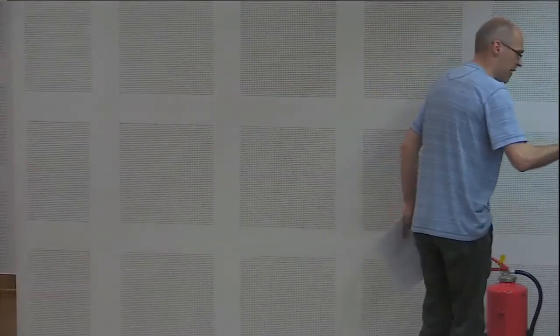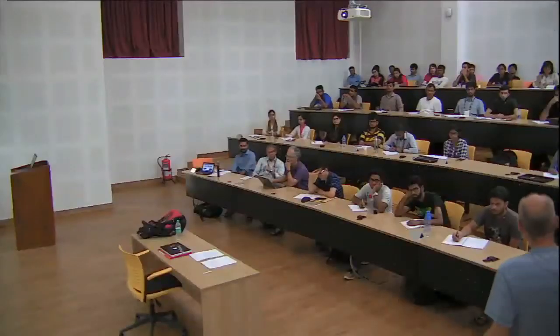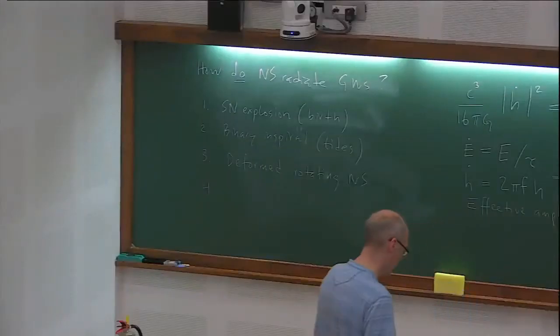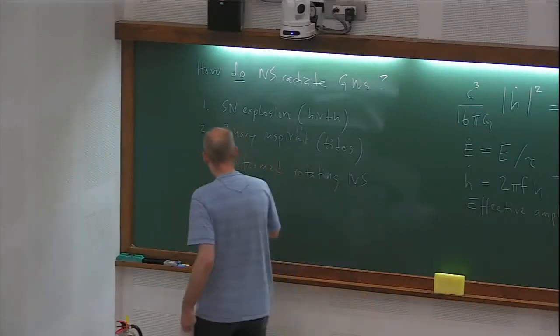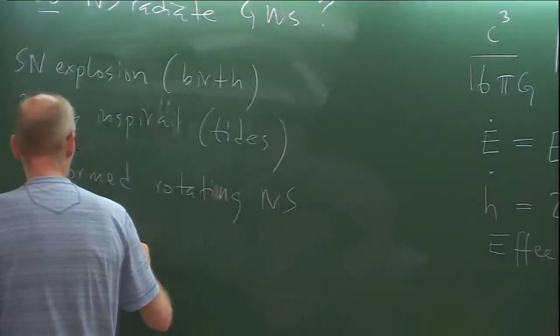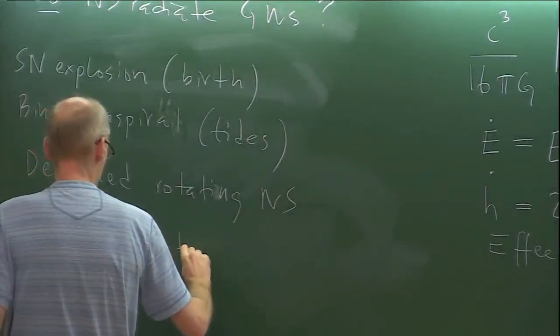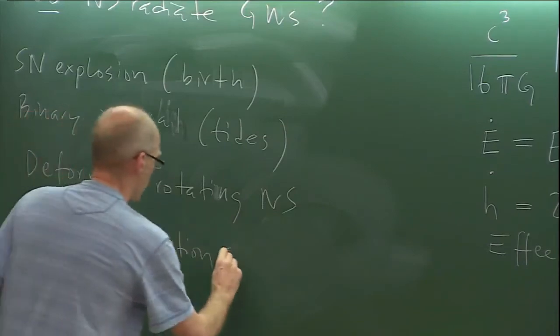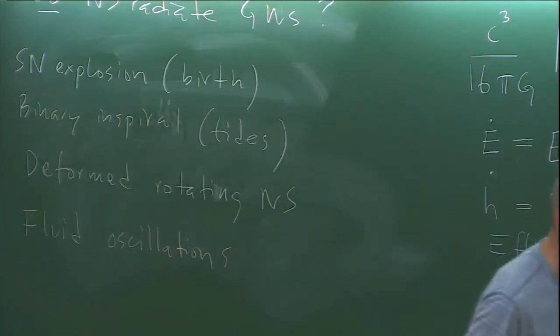But a neutron star is made of fluid, so that means that it can slosh about. It has different ways it can oscillate and so on. And so one way we can radiate gravitational waves, or get the varying quadrupole moment, is by having the fluid oscillating. And then, as we will see again later in the week, a neutron star has a number of different ways it can oscillate depending on what it is made of.